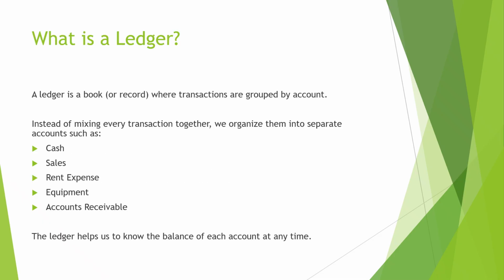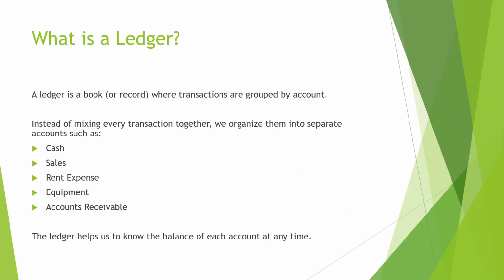What is a ledger? A ledger is a book or record where transactions are grouped by account. That means every single transaction has its own book where everything pertaining to it is recorded. Instead of mixing every transaction together, we organize them into separate accounts such as cash account, sales account, rent expense account, equipment account, accounts receivable account.